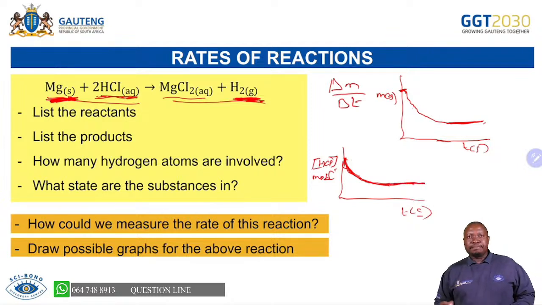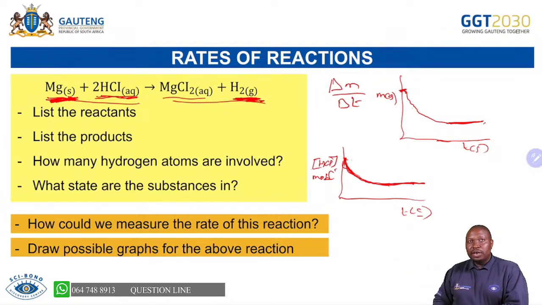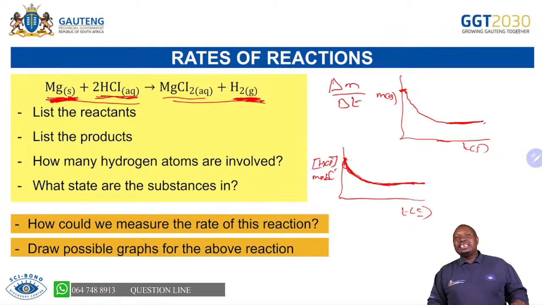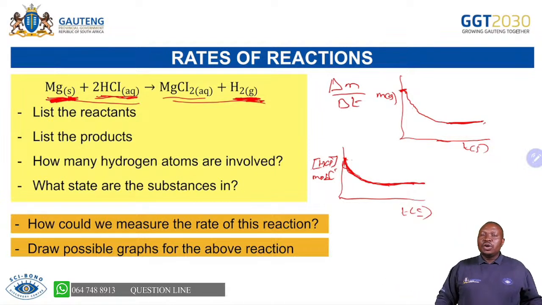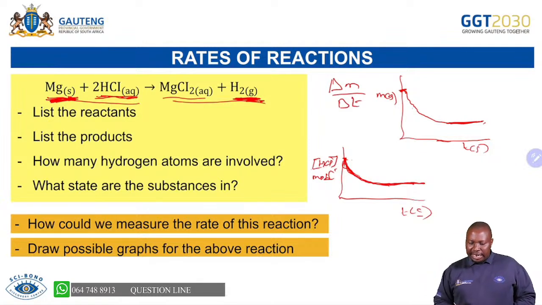When it becomes straight, the reaction has reached completion. Please don't be confused with equilibrium, where you will think it has reached equilibrium. Remember, in question 5 under rates of reaction, we are not talking about a closed system. So the reaction becomes complete because one of the reactants is used up. Please have that understanding.